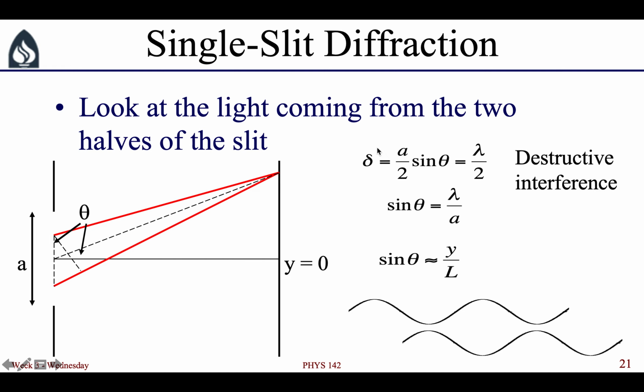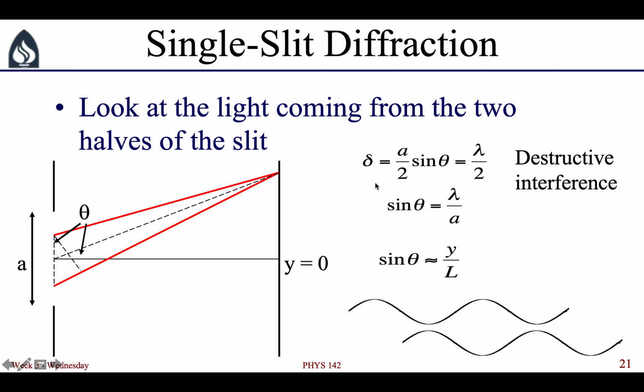And so that difference in distance is going to be equal to the distance between where the middles of the two halves of the slit are. And so this distance here is a over 2. And then we multiply that by the sine of theta in order to find that difference in distance that the two rays travel. If that's equal to a half wavelength, then we get destructive interference.